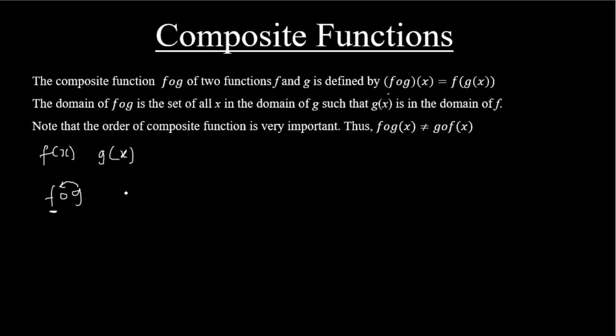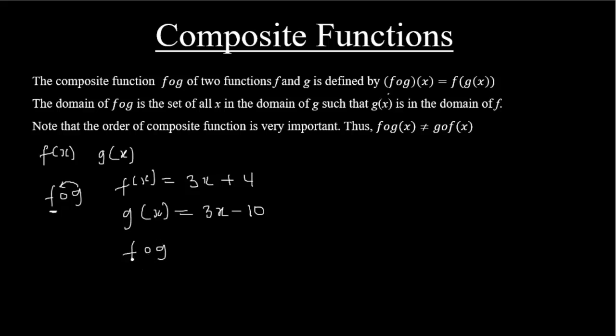So let's look at some examples to explain further that statement. Assuming we have function f of x to be 3x plus 4 and function g of x to be 3x minus 10, and then we want to find f of g.